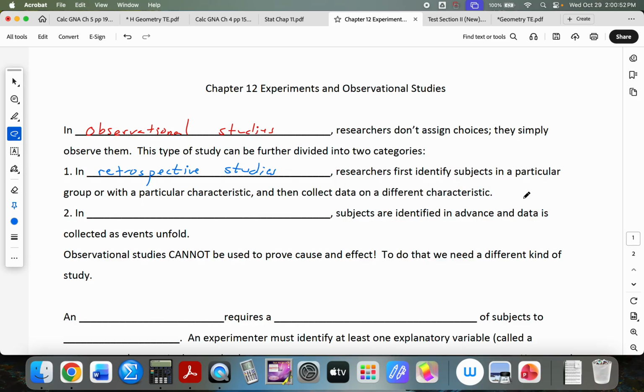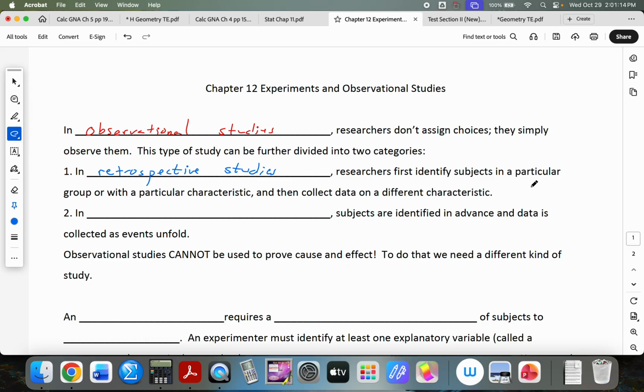For example, you might look back at people who died before they reached the age of 60 and look at the cause of death. Right? So you have a group, you look back in time and gather information about them. That's a retrospective study. You're looking back at something.